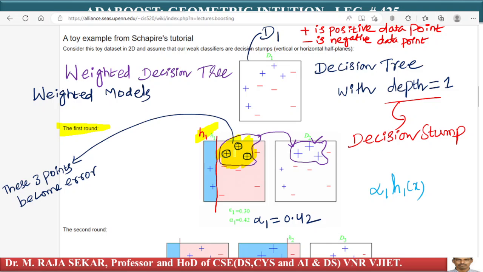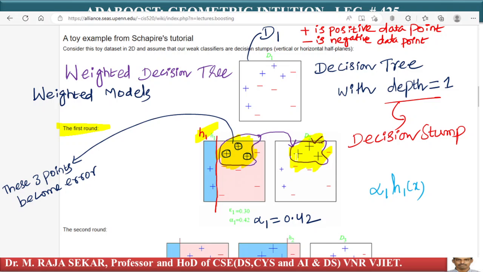If you see, the size of the plus is increased. The larger plus basically means these 3 points are misclassified. We are making them big, or upsampling them, while keeping the rest of the correctly classified points as they are.